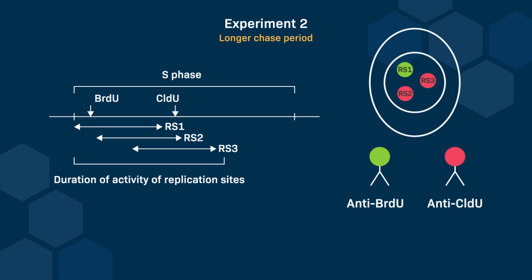As a result, RS1 appears as a green spot, BRDU only, while RS2 and RS3 appear as red spots, CLDU only, instead of yellow. This highlights how the increased chase ensures that RS2 is exclusively marked by CLDU.